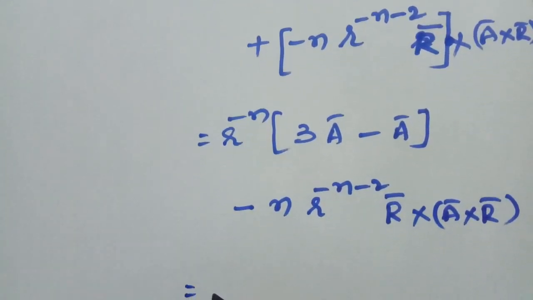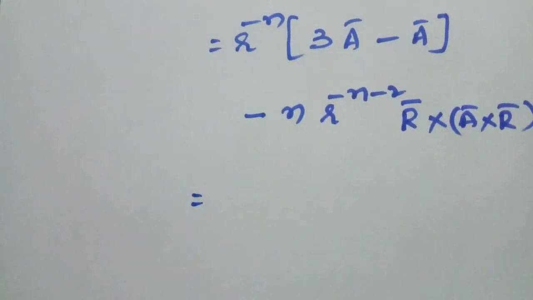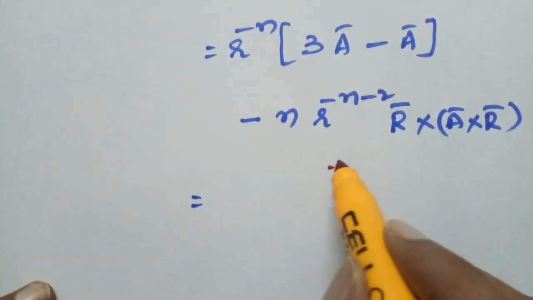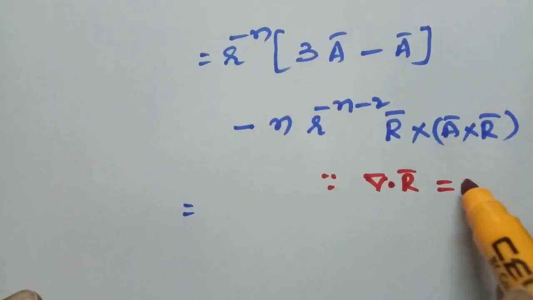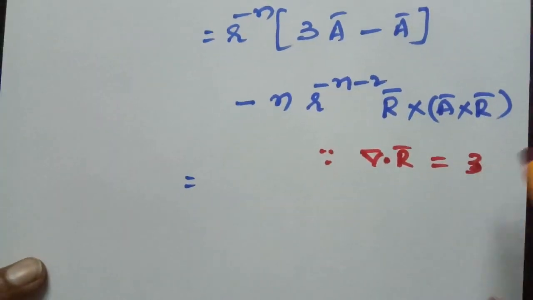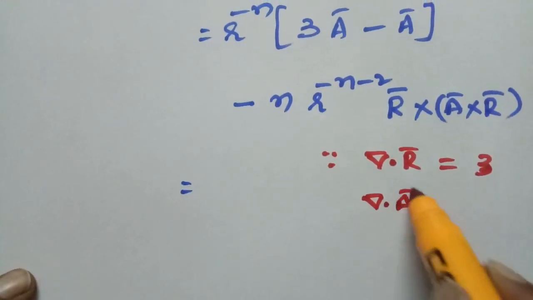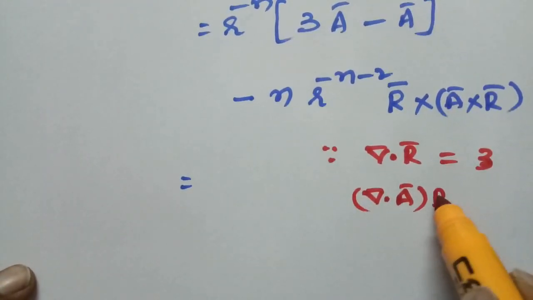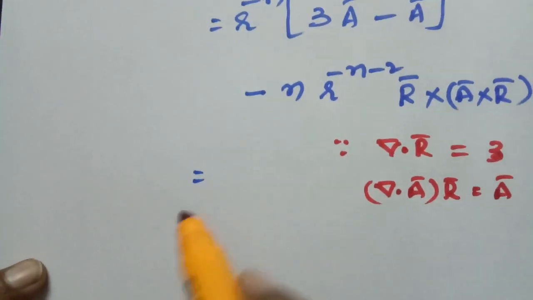Therefore, this can be written as, since del dot r bar is 3 and del dot a bar into r bar is equal to a bar.